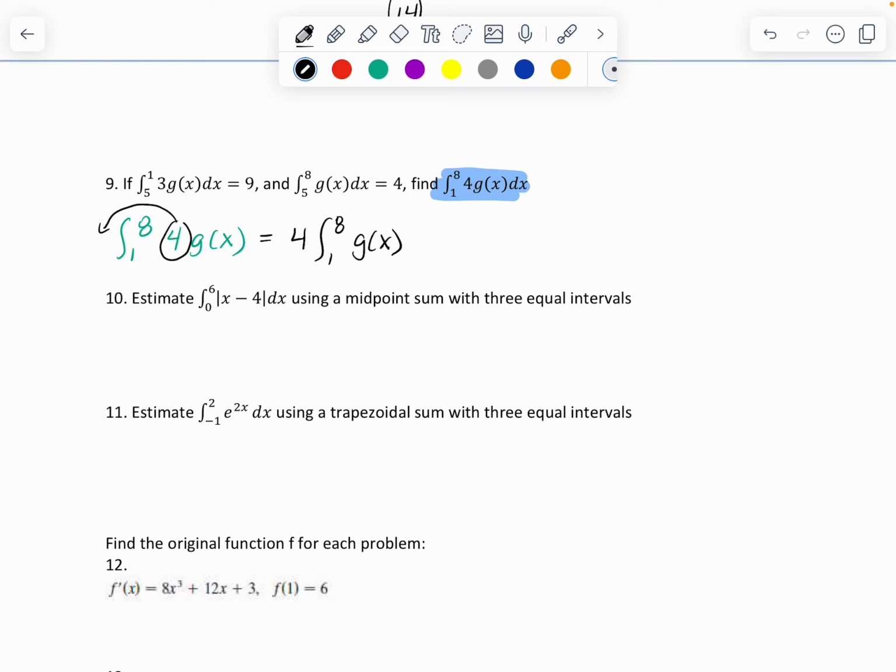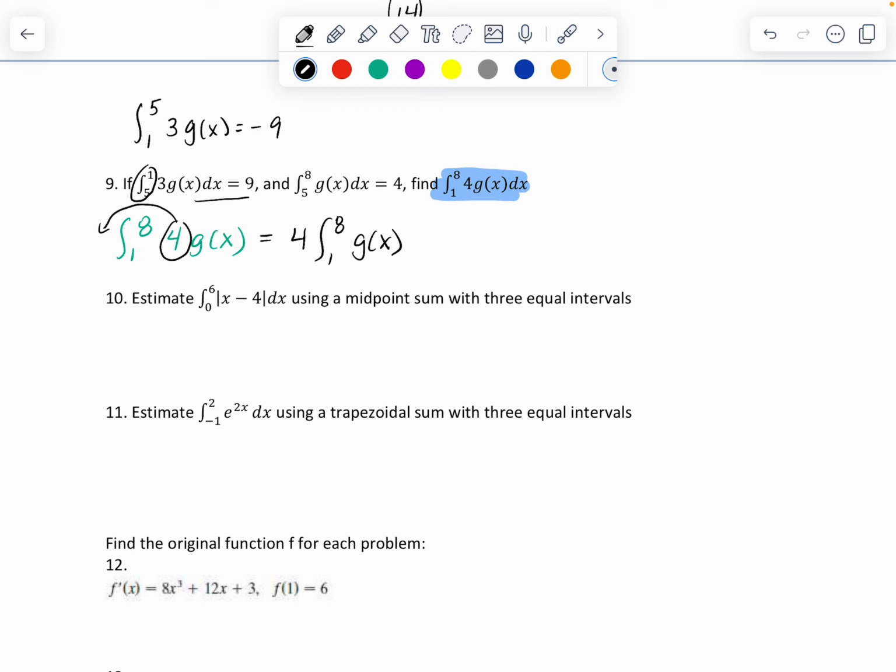So let's look at it. What we've got here is the integral from 5 to 1 of 3 times g of x equals 9. I want the smaller number on the bottom, so I'm going to rewrite it as the integral from 1 to 5 of 3 times g of x equals, remember when we switch the boundaries like that, we have to switch the sign on the outside.